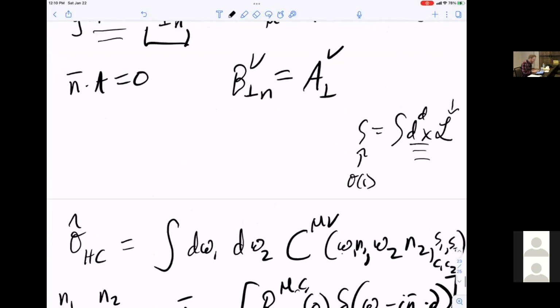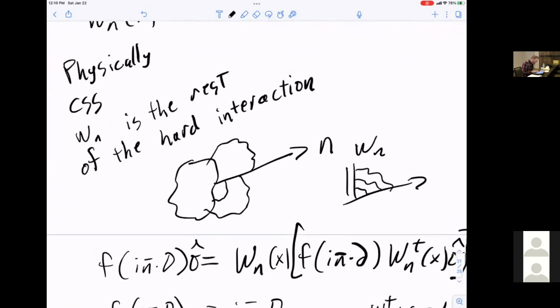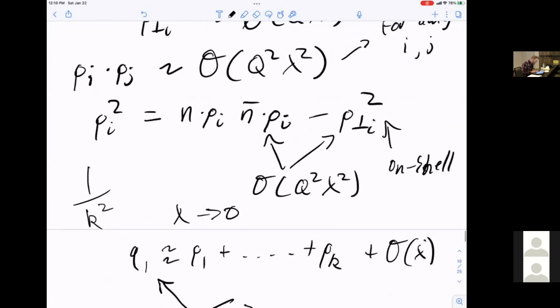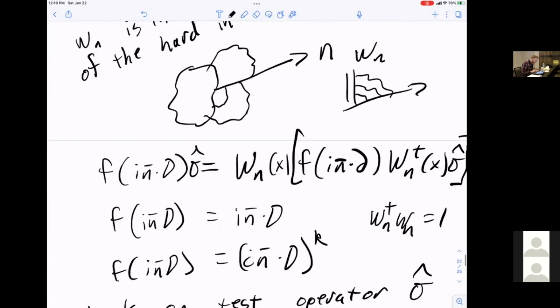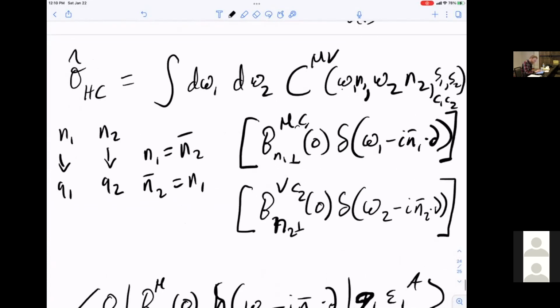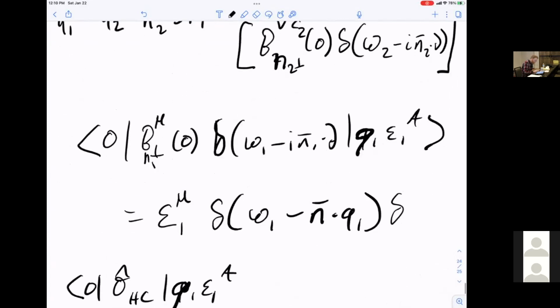The leftover index is the index that's sitting right here on my Wilson line, going off to infinity. And repeated indices here are going to be summed, right? So there's going to be a summation between C1 and this guy, and C2 and this guy.